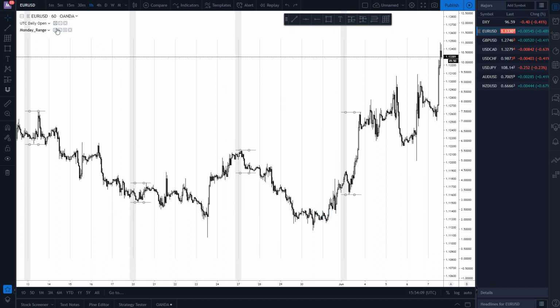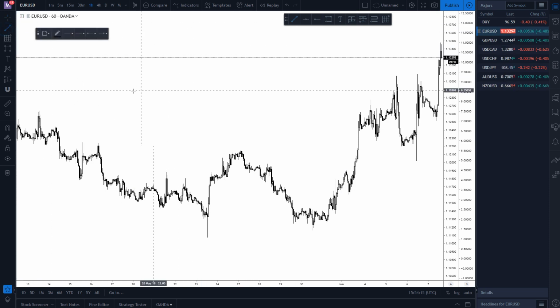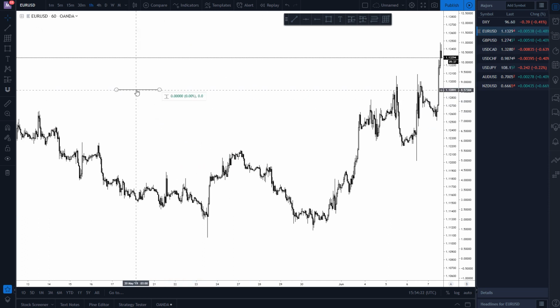So let me start with the Daily Open, and the idea of this right here is, for every candle, it doesn't really matter if this is a weekly or daily or monthly candle.